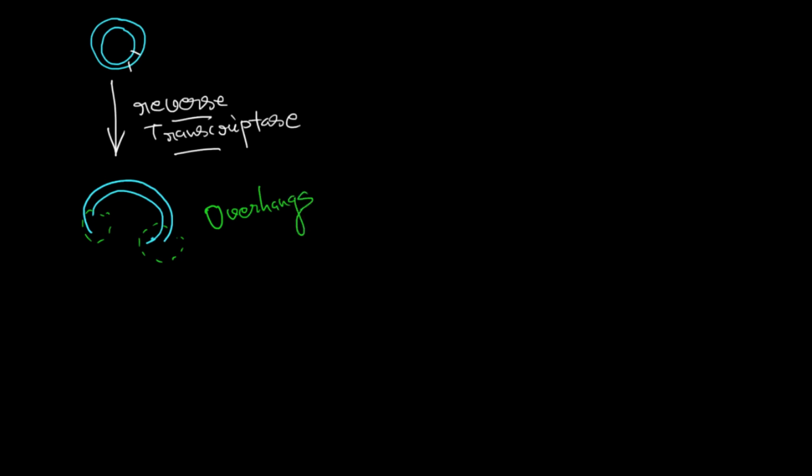Now what we do is that we take a DNA segment that contains the gene of our interest. For example, if this part of the DNA segment contains a gene that we are interested in, for example, the gene that can produce insulin, we apply the same type of reverse transcriptase on that DNA segment too.